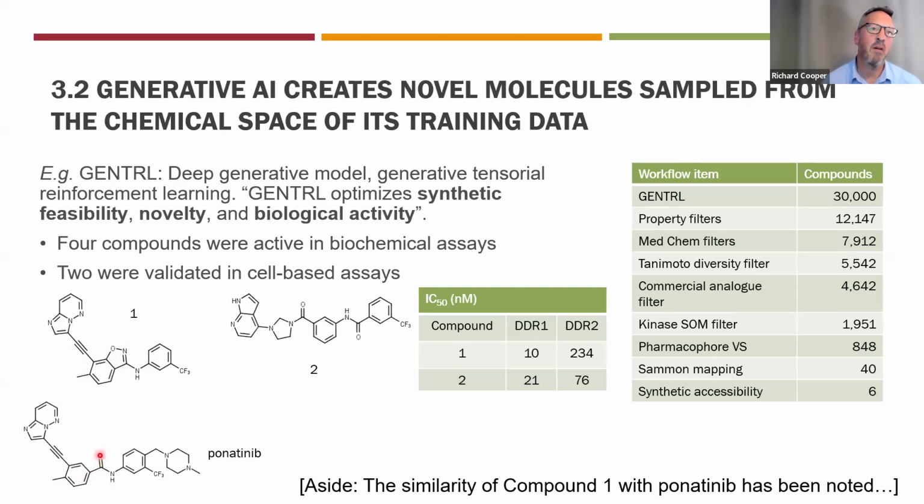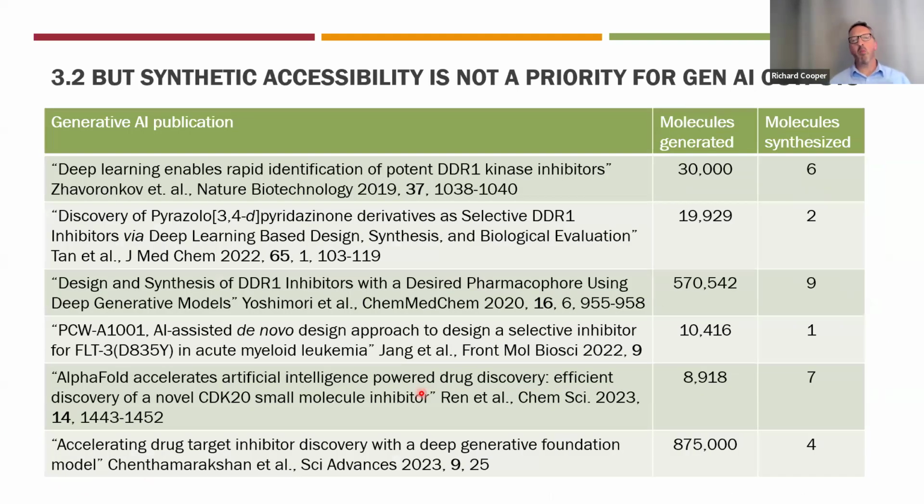This carbonyl or amide oxygen here has been made into a ring in the new compound. That bit's the same. This bit's the same, and then there's this kind of solubilizing group in ponatinib on the end. So there's some slight differences, but pretty much in the same series at least. Okay, so that's a kind of deep look at one example.